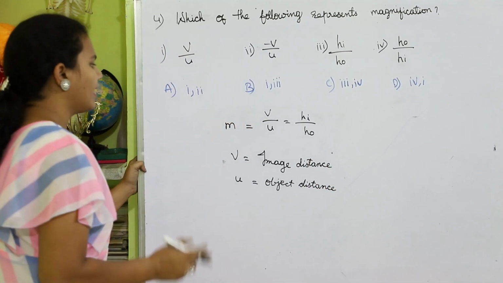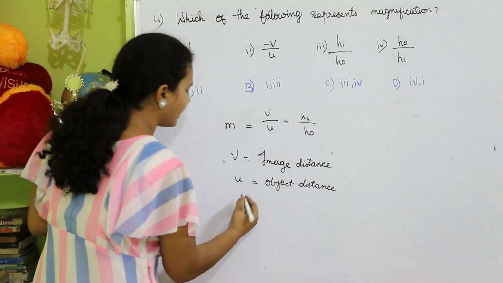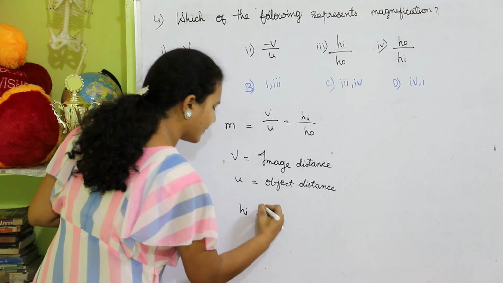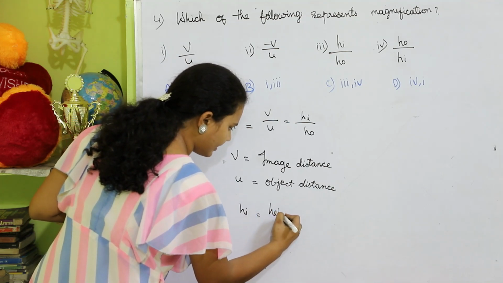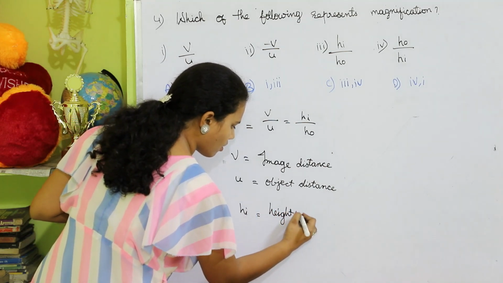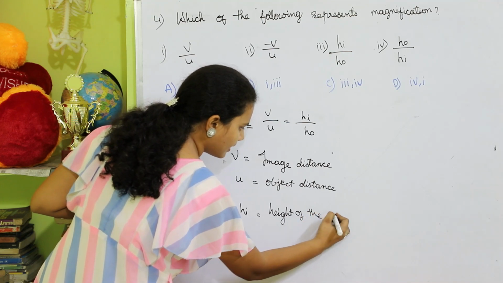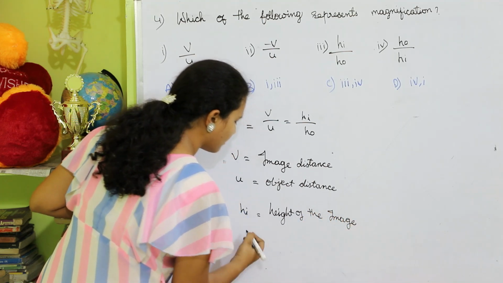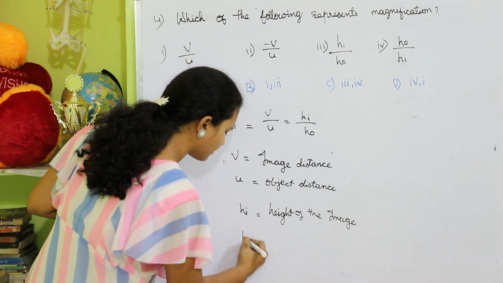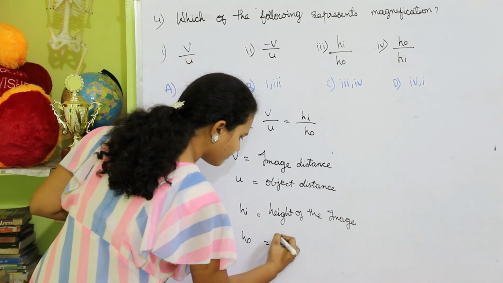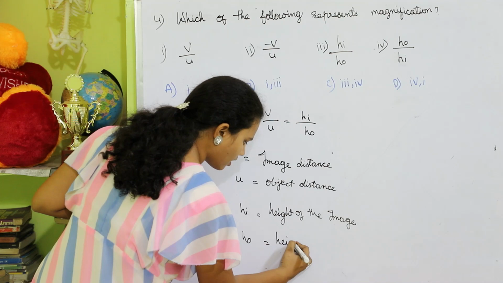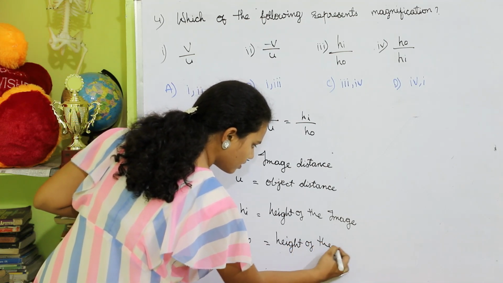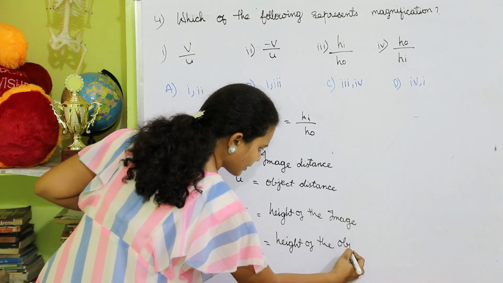Clear? Now again coming back to the other one, you have HI. HI means height of the image. Height of the image by height of the object, where H naught means height of the object. Clear?